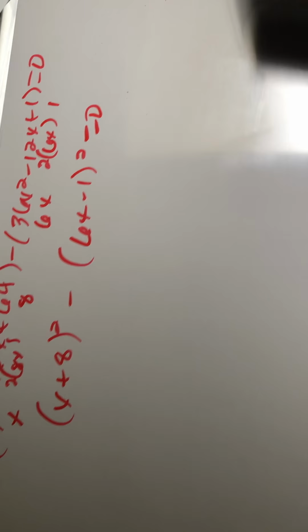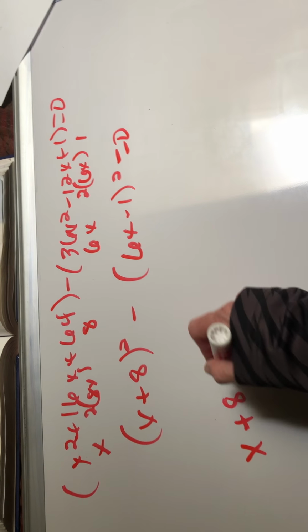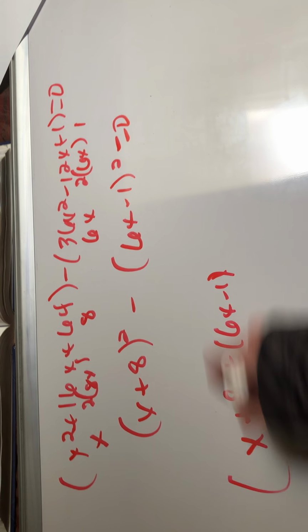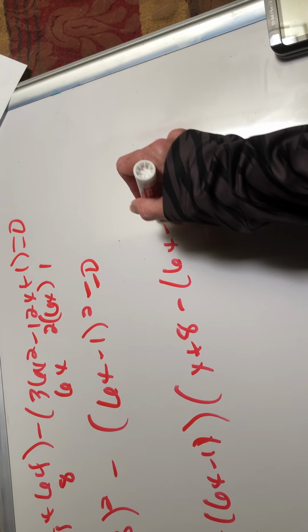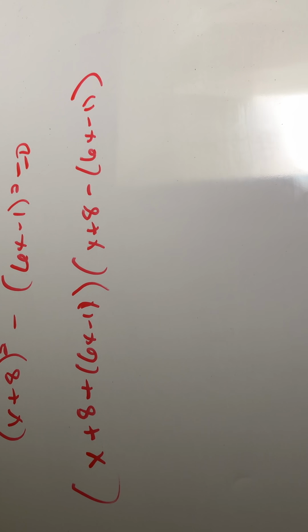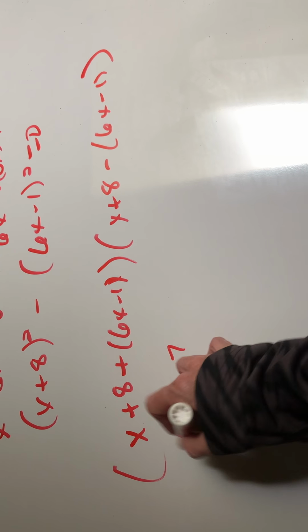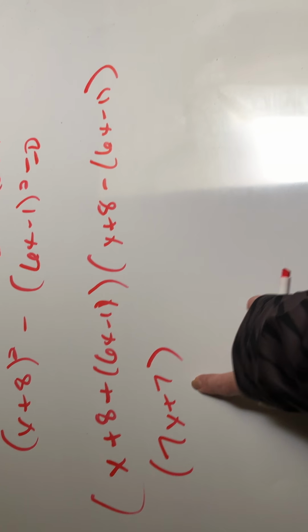So now it's set up as a difference of two squares, so now we factor it as a difference of two squares, x plus 8 plus 6x minus 1, x plus 8 minus 6x minus 1. So then with the plus, combining like terms, 7x plus 7, because x and 6x is 7x, and 8 minus 1 is 7.